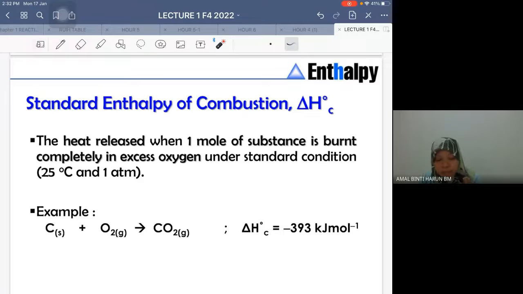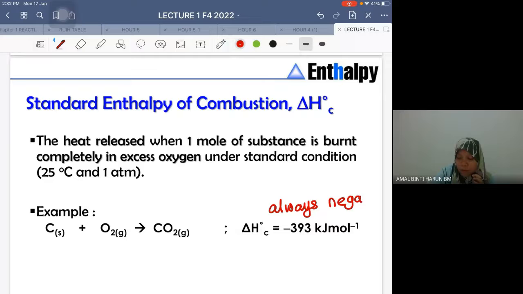Tu menipu sangat. Okay, so always heat of combustion delta H negatif. So you jangan kira tiba-tiba you dapat positif, maksudnya salah lah calculation you. Okay, so standard enthalpy combustion is always negative. Always. Always negative. Always tu sampai bila? Sampai ke hari akhirat.